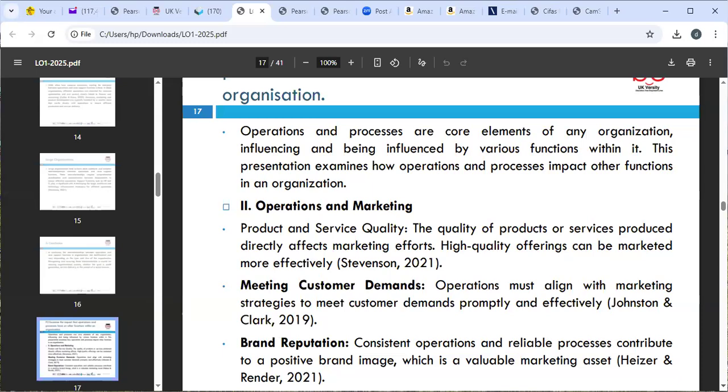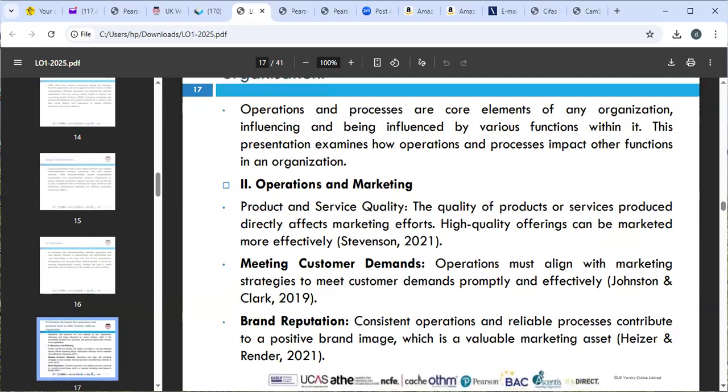The quality of products or services produced directly affects marketing efforts. Very important. High quality offerings can be marketed more efficiently. So when the products are well manufactured, it makes marketing very easy, because marketers become very confident, and the feedback you receive from the public or the audience is very positive.